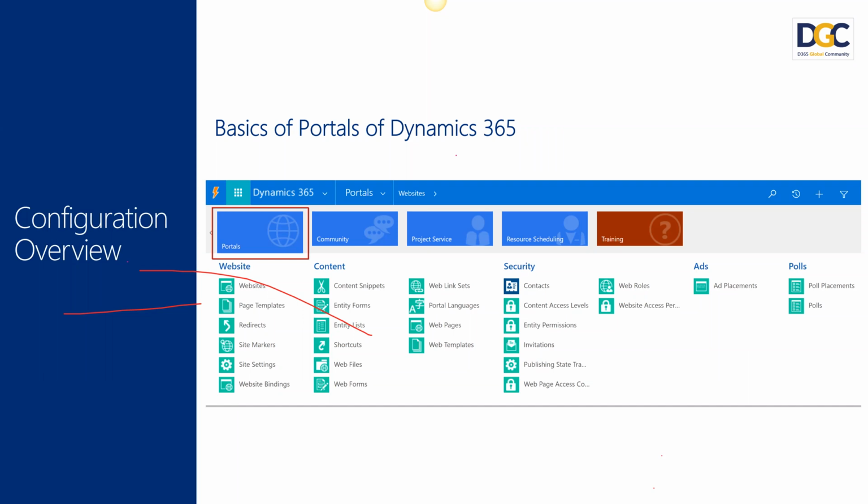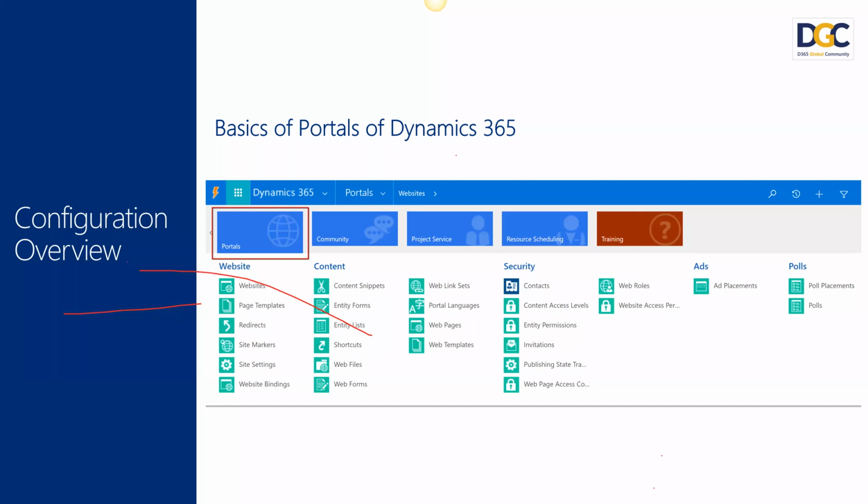And the permission scope is actually a child record of the parent entity's permission.